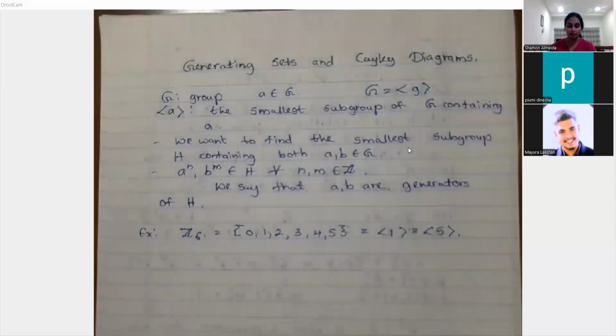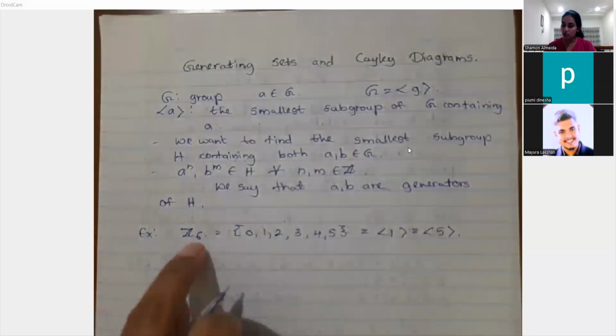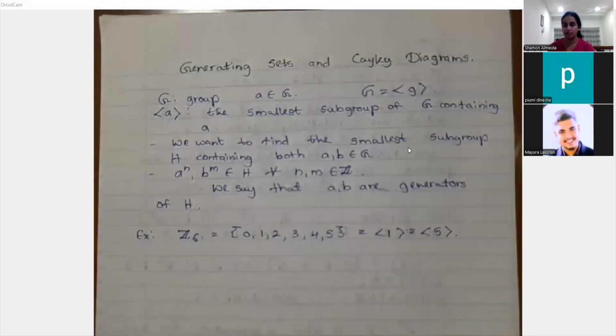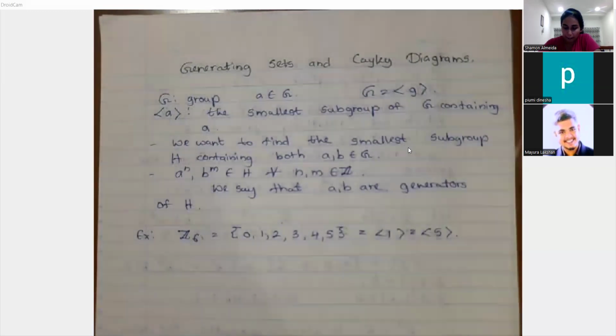Okay. What other generators do we have for Z6? What are the other generators of Z6? 2 and 3.